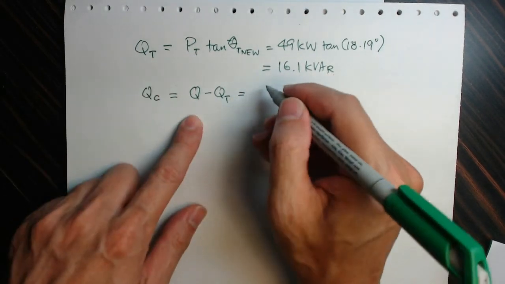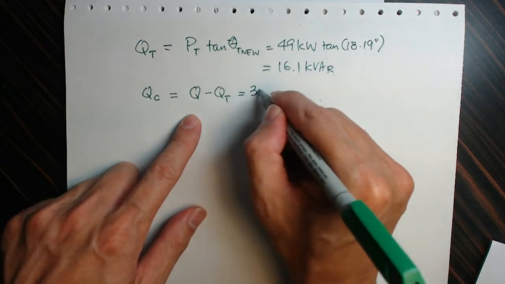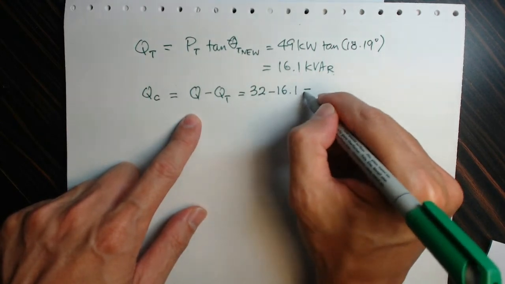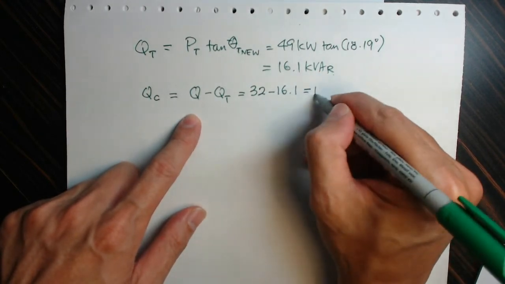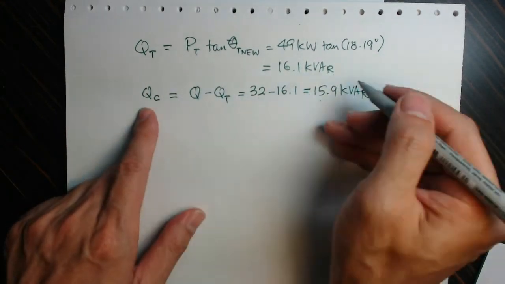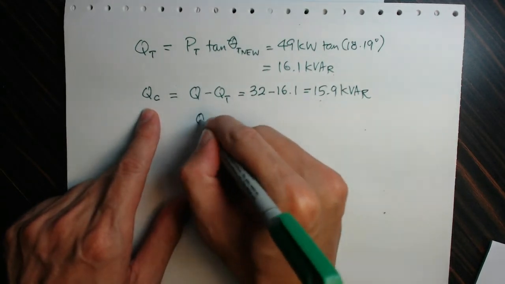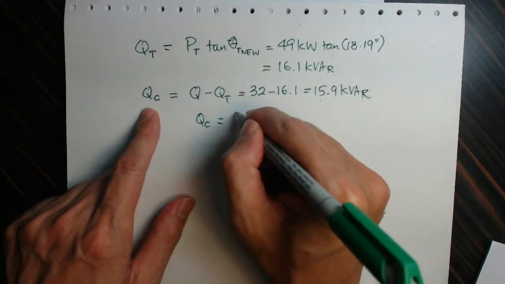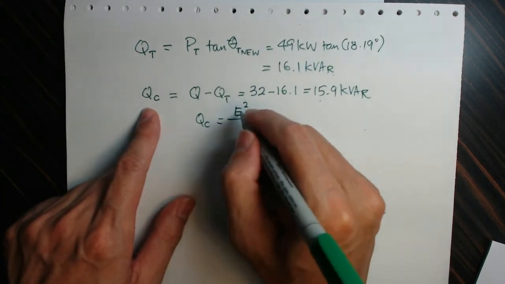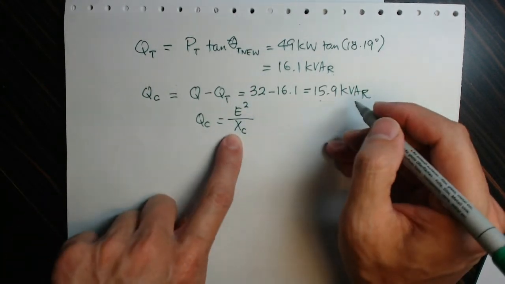So the original we calculated is 32, minus the new one, 16.1. So that's 15.9 kVAR. But we know that QC is actually the applied voltage squared divided by the capacitive reactance.